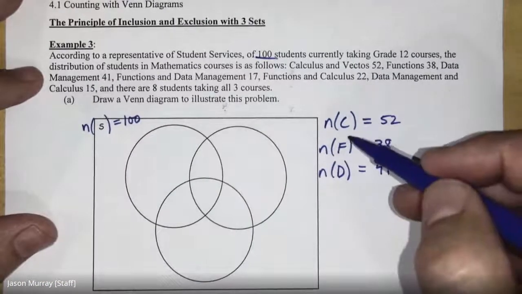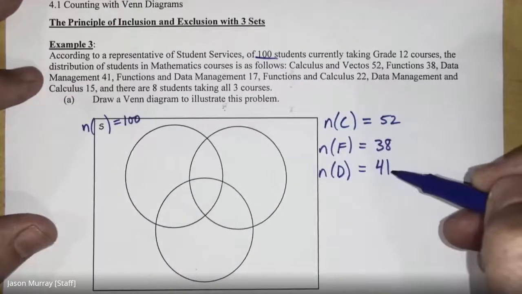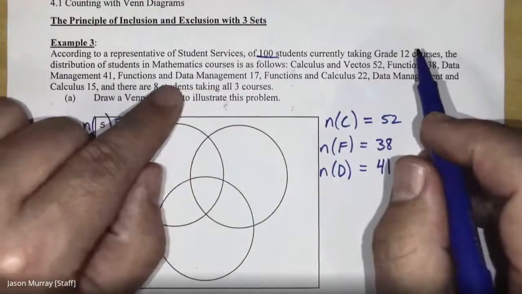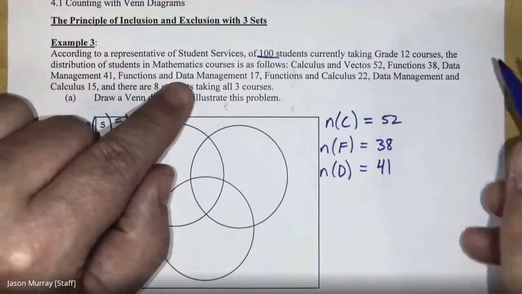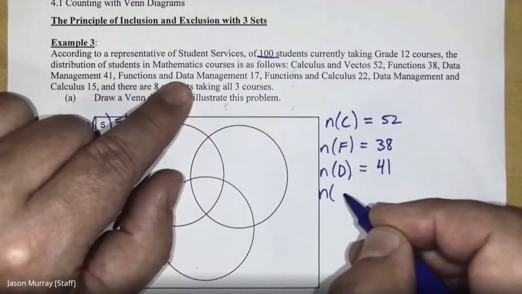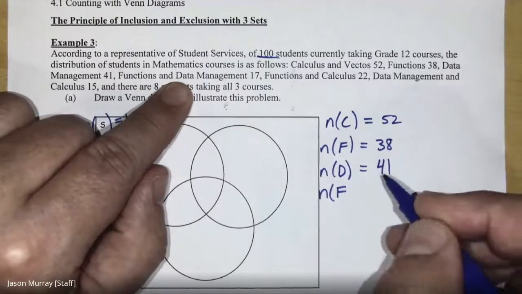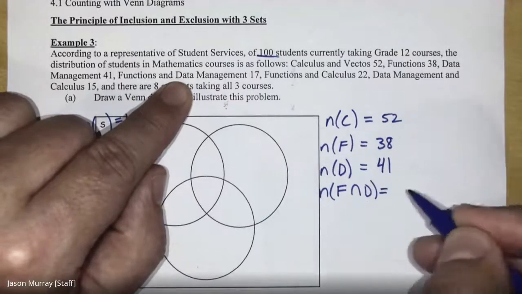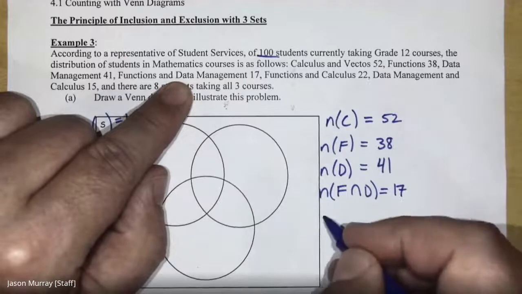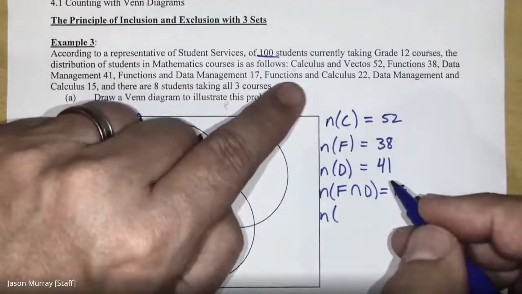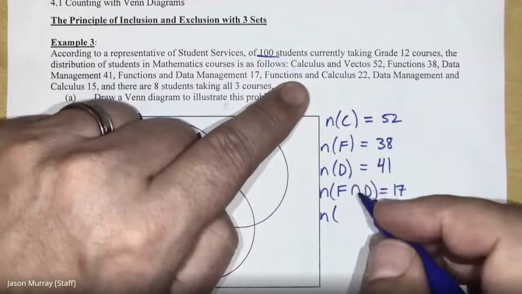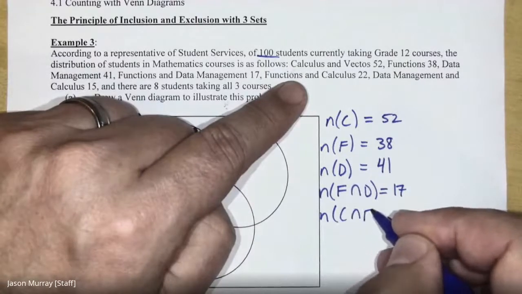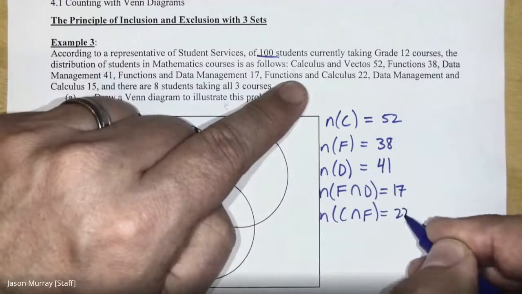So there's calculus, functions, and data. But then it gives us more information. Functions and data, the number in functions and data, that's the intersection, is 17. The number in functions and calculus is 22.